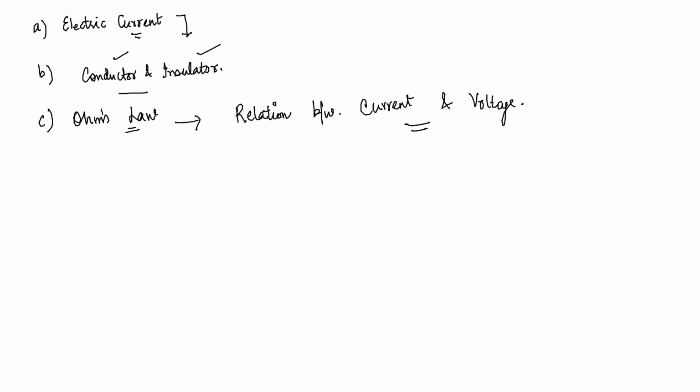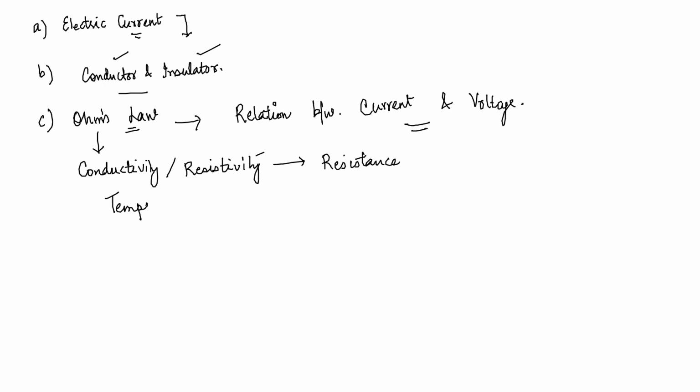And when we see Ohm's law, we are going to see conductivity and its counterpart, resistivity. And from resistivity we are going to define what resistance is. From here we will read about many other aspects, like the effect of temperature on resistance and limitations of Ohm's law.